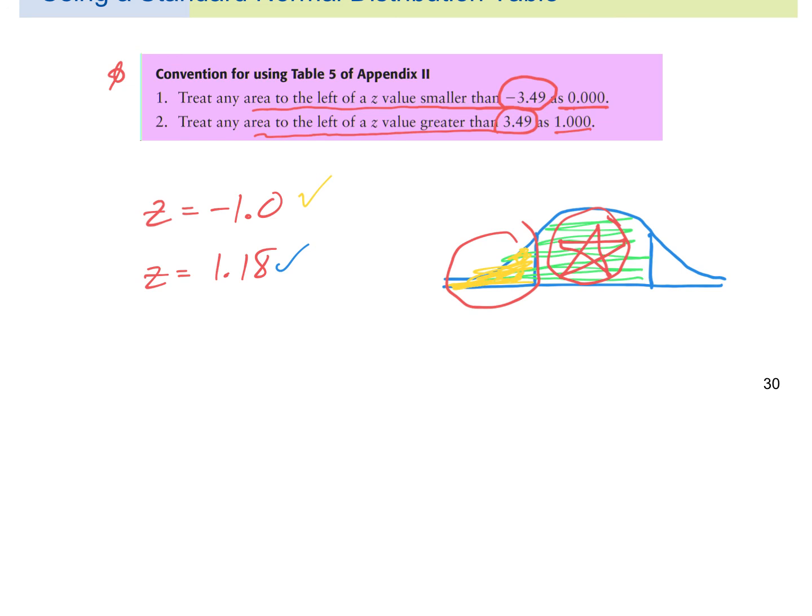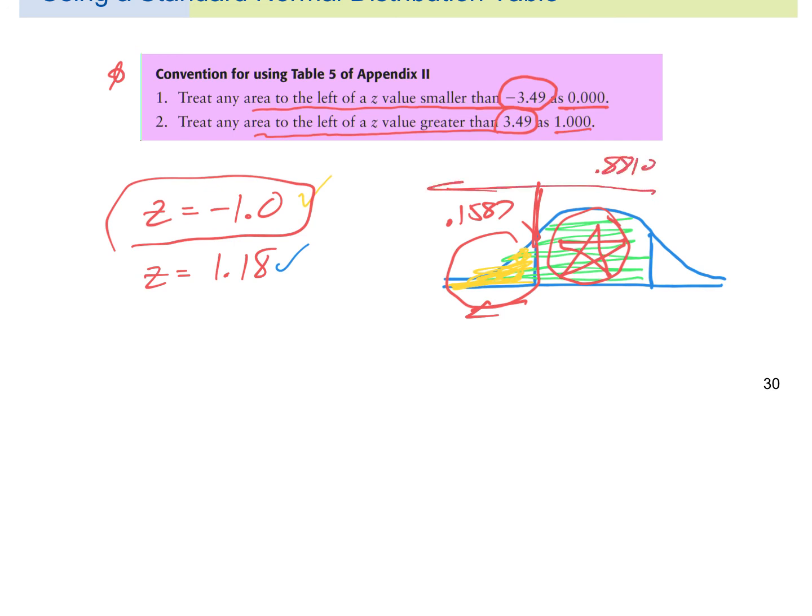So the percentage that was below the negative 1, the area below here, is 0.1587. That's to the left of that negative 1. The area below this guy is 0.8810. Therefore, the area in between is always going to be large minus small.